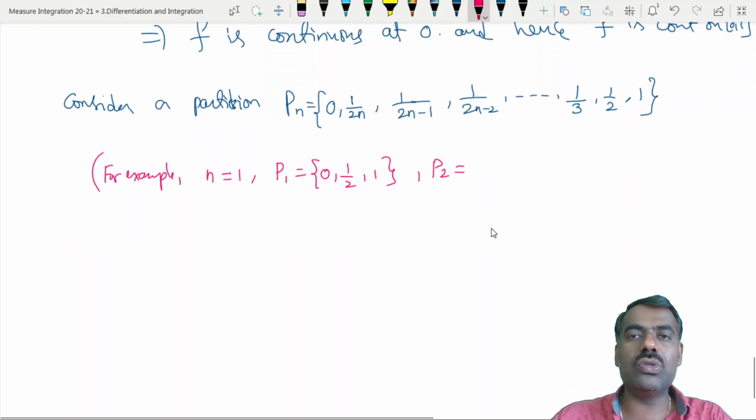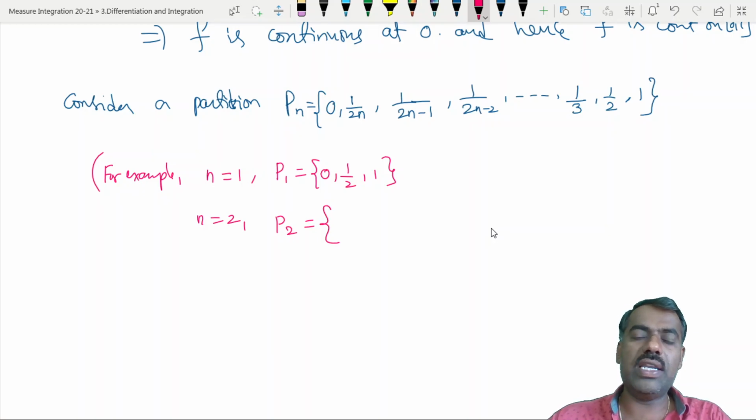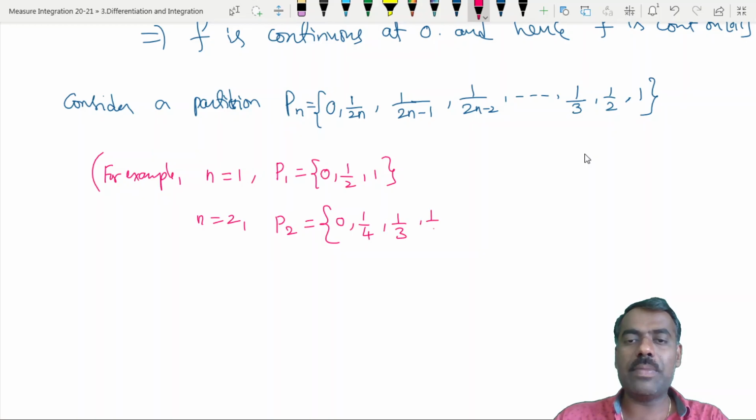For n equal to 2, what is P2? Tell me someone. When n is equal to 2, what will you get here? What is this partition? 0, 1 by 4, then 1 by 3, 1 by 2 and 1. Is this clear? Okay, and so on.